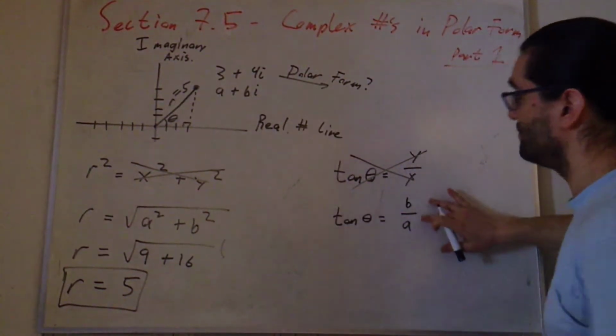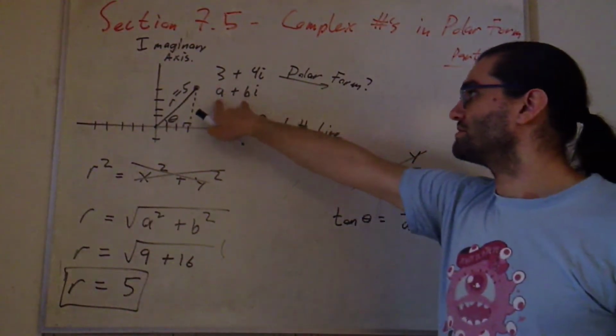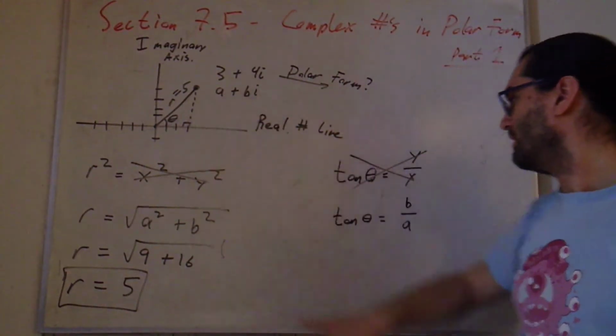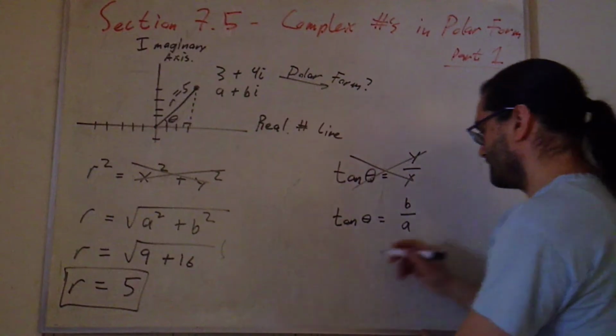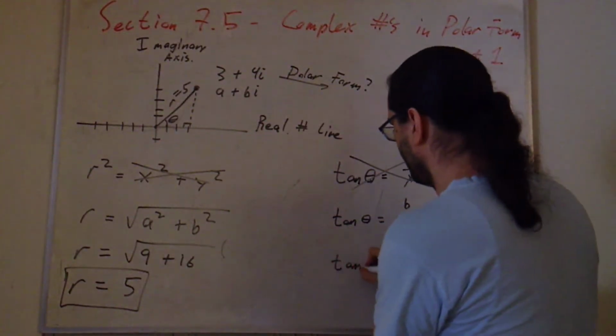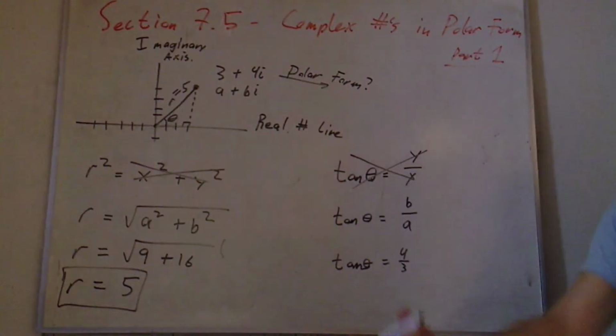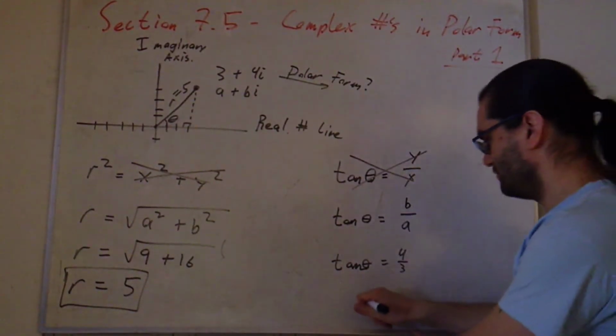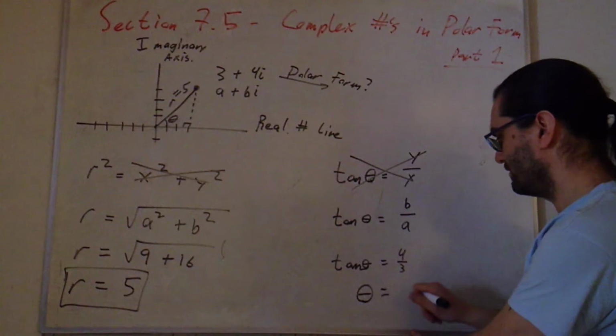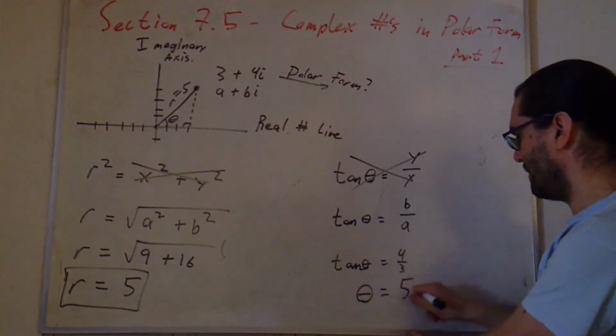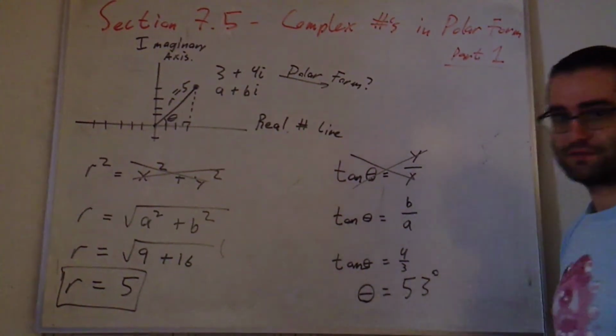We're using a and b, the two components of a complex number. So for us, we're going to have the tangent of theta equals 4 over 3. And I just ran my computer to use a calculator. Turns out that in this case, theta is going to be about 53 degrees.